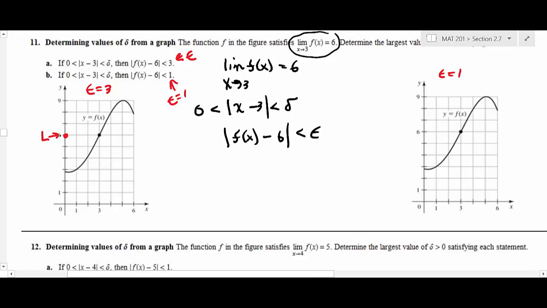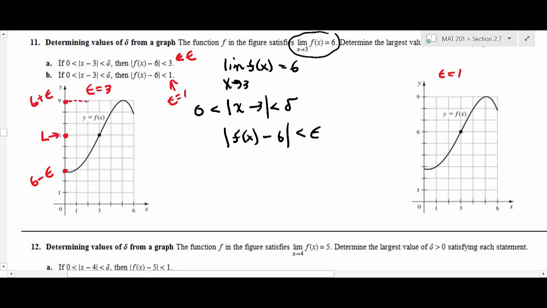For the epsilon belt, you're going to go up 1, 2, 3 to this point, and that will be 6 plus epsilon, or 9, and then go down 3. So that will be 6 minus epsilon, or 3. We're adding epsilon, and then subtracting epsilon to make that belt.